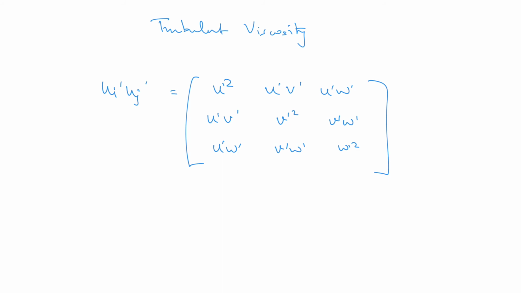wherein you have 6 independent quantities. What are the 6 independent quantities? The 6 independent quantities are 3 from the diagonal and 3 from the off diagonal.